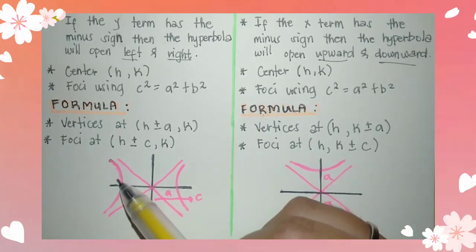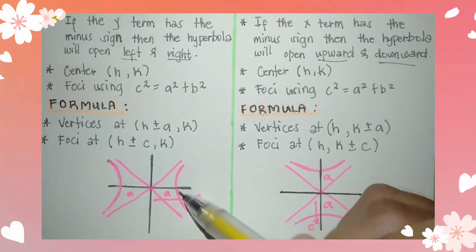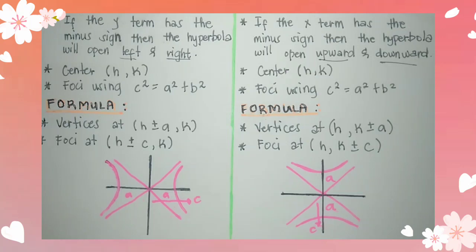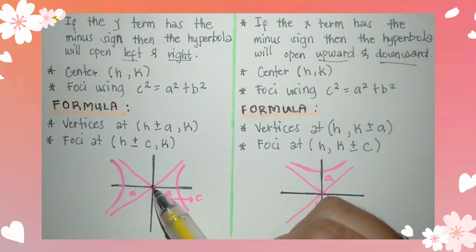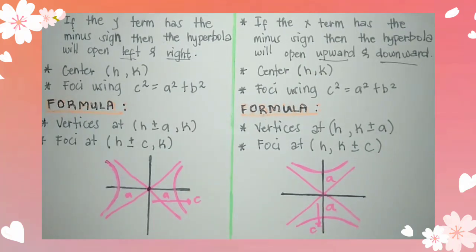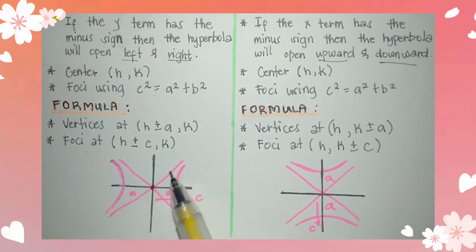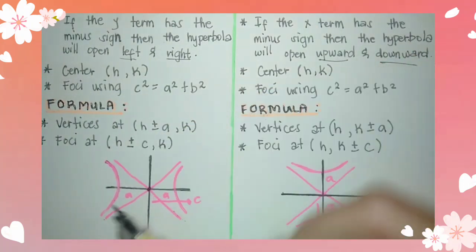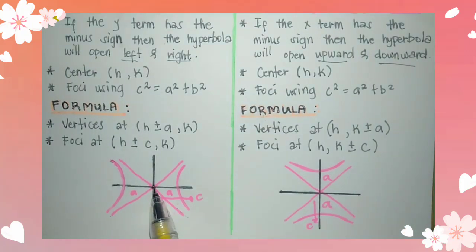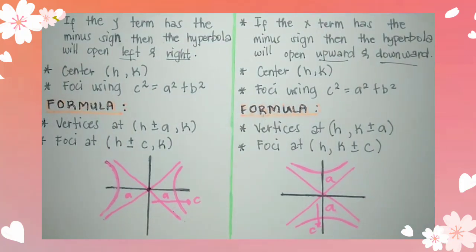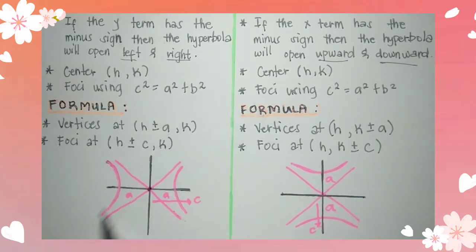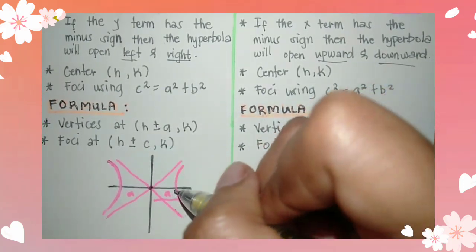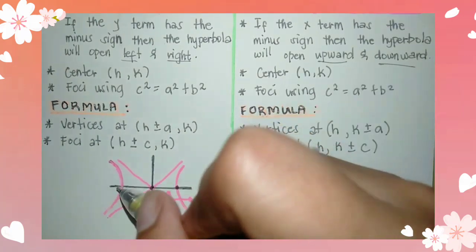So, ang pinaka-center natin is itong gitna, wherein doon nag-intersect ang ating asymptotes. Ito yung tinatawag na asymptotes. Itong dalawang line intersect at the center. Okay? And then, ang vertex natin or vertices, since dalawa yung curve natin, we have left and right, dito naman natin makukuha yung vertices.